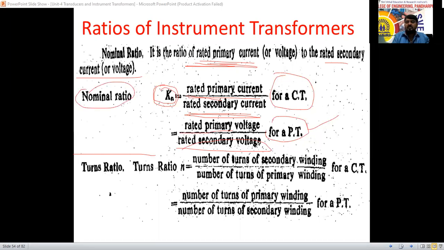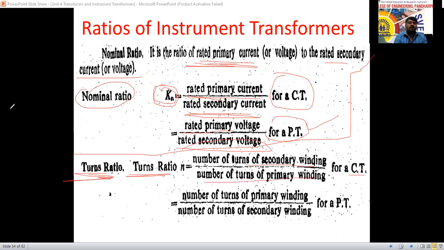So the transformation ratio and nominal ratio we have discussed, but the turns ratio is a little bit different here. Now it is fully opposite to each other. CT and PT both are opposite to each other here. Because the turns ratio of the current transformer is the ratio of the number of turns of the secondary winding to the number of turns in the primary winding.